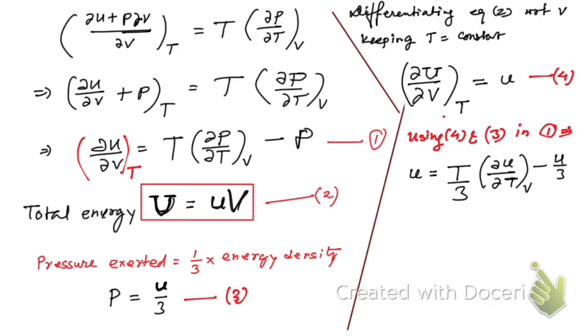Now if we simplify this, let me bring this one to this side. That's going to be U plus U by 3, so that's going to be 4U by 3.